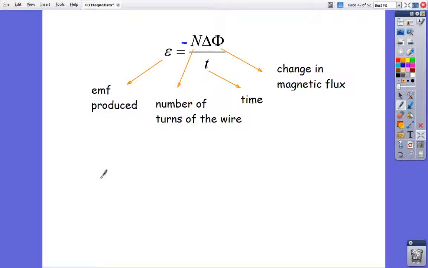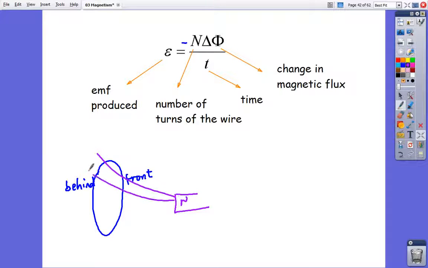So, for example, I'm going to show you this. This one is front. This is behind, yeah. First of all, the magnetic is here. So let's say this.